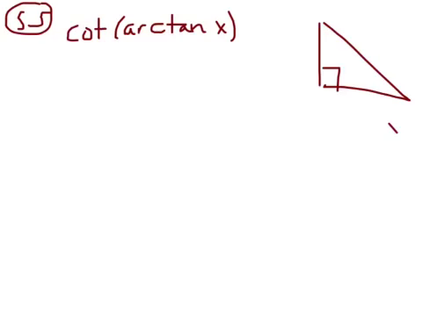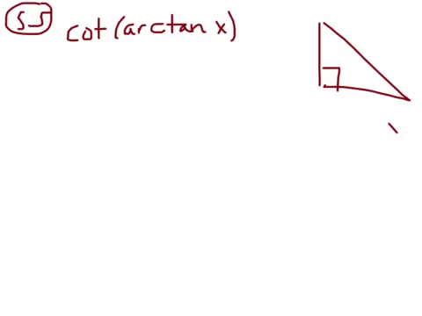Well, first of all, aren't these two things opposite? If I wanted to find the cotangent of the arctangent of x, are those inverse kinds of things? If I had tangent of arctangent x, it would be an inverse.